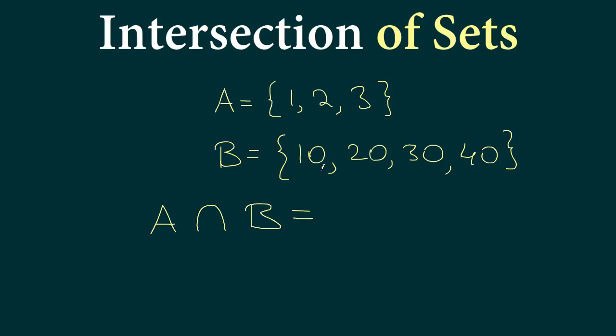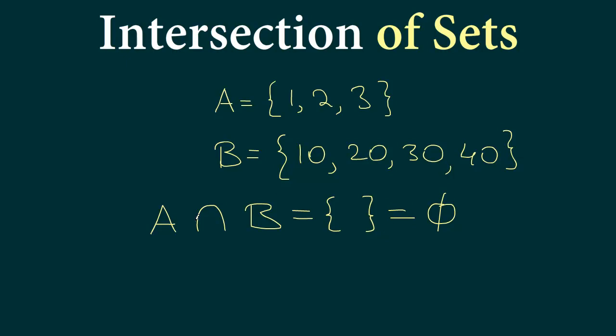Well, we start with every single element of A and check if they are also present in B. So let's open a curly bracket like this. 1 belongs to A, 1 does not belong to B, so we cannot write 1 here. 2 similarly is not present in B, 3 is not present in B. So this actually has no elements which are common to A and B, or this is actually a null set.